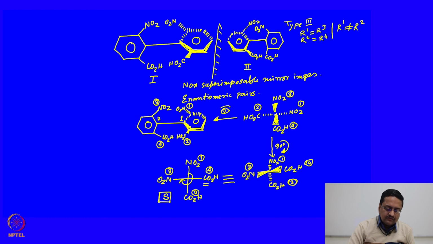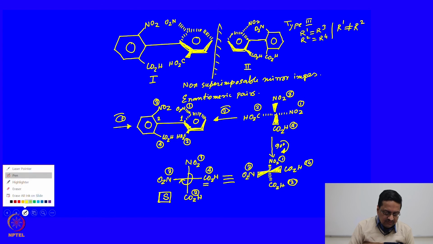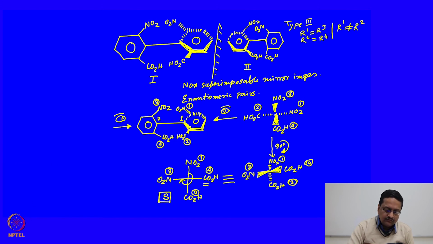Now, we see the molecule from the other side just like before. So, if you do that, what you see is then the carbon which was 1 is 2 is now 1, the other one is 2. So, on the first carbon we have nitro up, but going downwards.